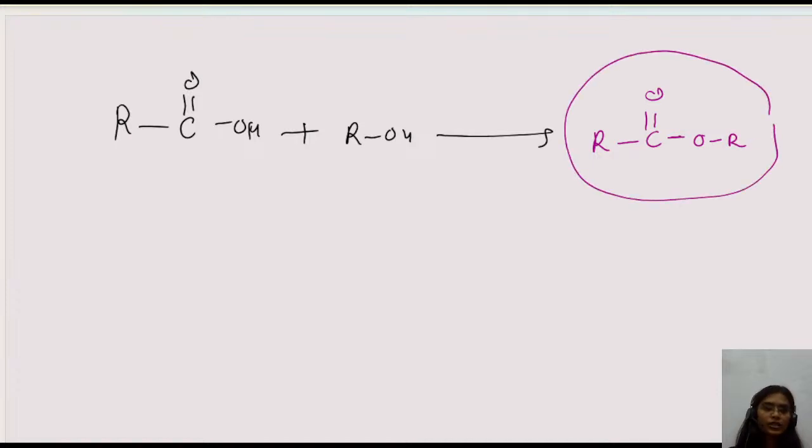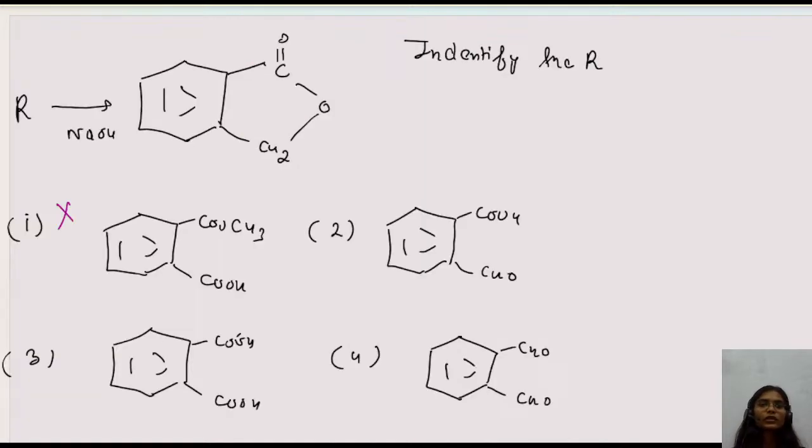Ester formation. So let's go back again to the question. Isn't it a kind of cyclic ester? Just focus on this part only. It's a kind of cyclic ester. The ring is simply closed there. It means we want at least one alcohol and one acid. Right? So this is the main point, how there's a possibility of lactone formation. So let's go back here.